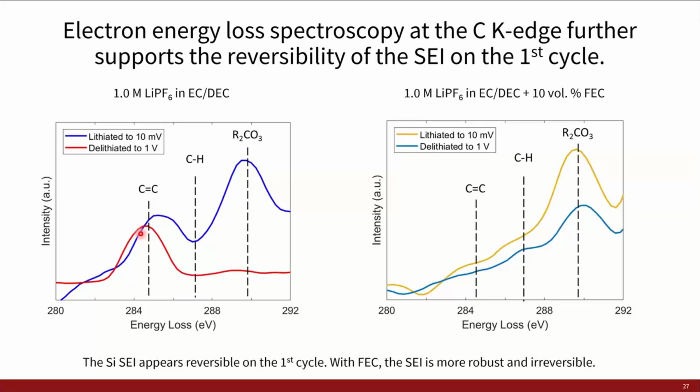Basically, all of this data shows that the silicon SEI generally appears to be reversible on the first cycle in the ethylene carbonate containing electrolyte. But with the addition of the electrolyte additive fluoroethylene carbonate, the SEI becomes much more robust and irreversible.